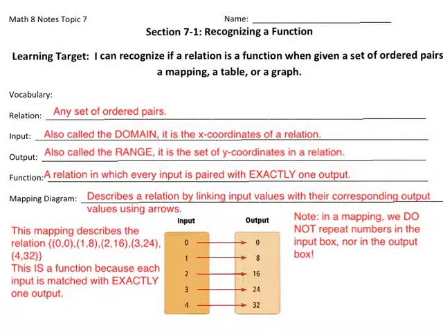And you can see that those correspond to all of these. Now, this is a function because every single input has one single arrow going away from it to one number in the output. So since every input is matched with exactly one output, it makes it a function.